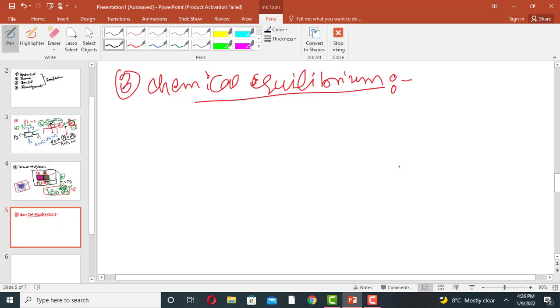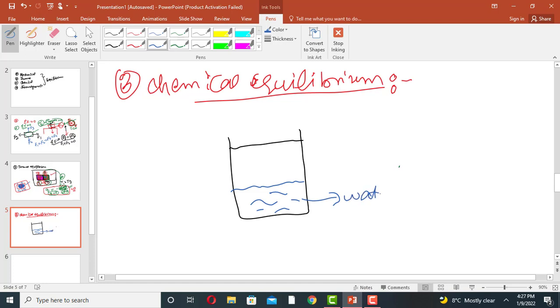So suppose this is a beaker, filled with some water to this position. This is the water. Now when you give some heat to the water, the temperature of the water will increase.